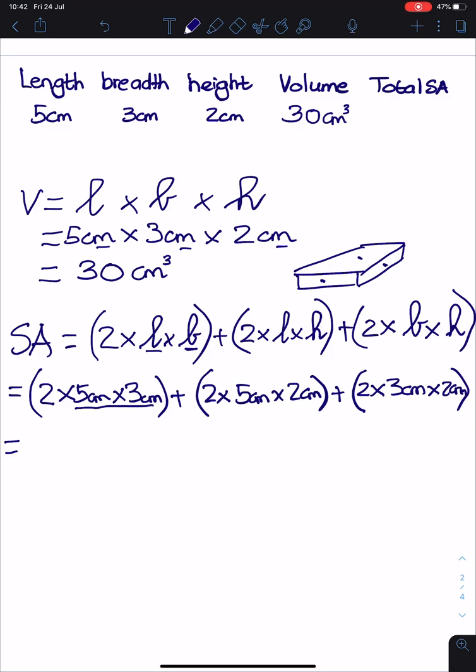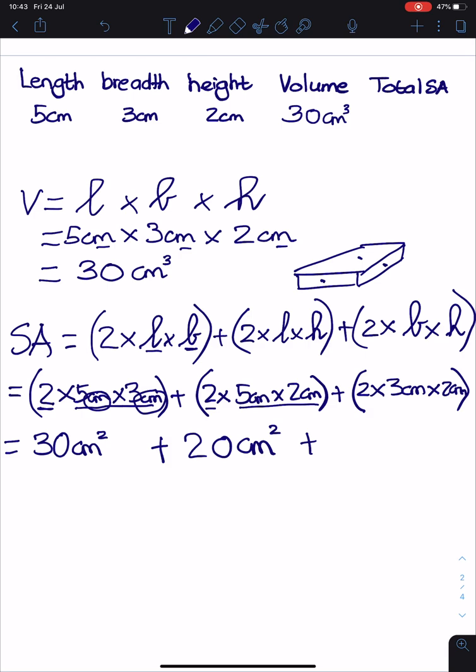5 times 3 is 15, and 15 times 2 is 30. And these are squared because remember, we're multiplying 2 of them and we're looking at area. Area is always squared. Plus 5 times 2 is 10, and 10 times 2 is 20 centimeters squared.